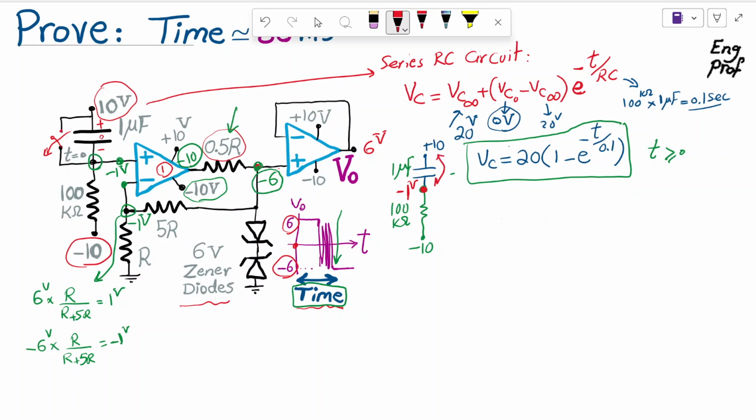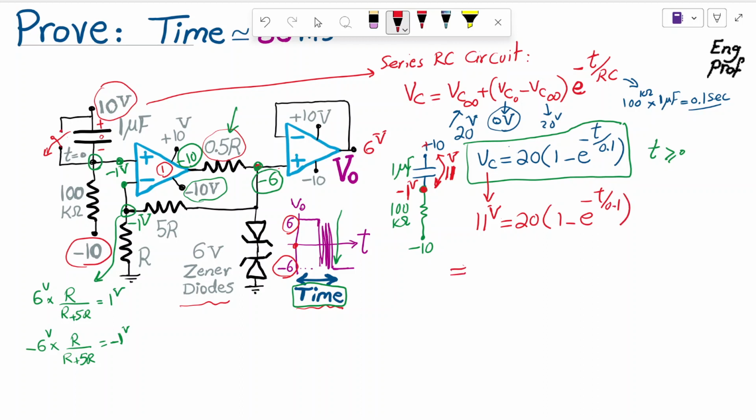That means the voltage drop across the cap is 11 volt, because on one side is plus 10, on the other side is negative 1. So basically, my target is the voltage of the cap should be 11 volt, and the equation says it equals 21 minus e to the negative t over 0.1 second.